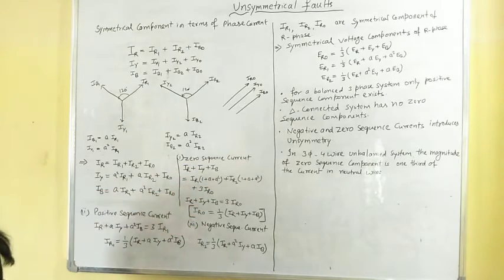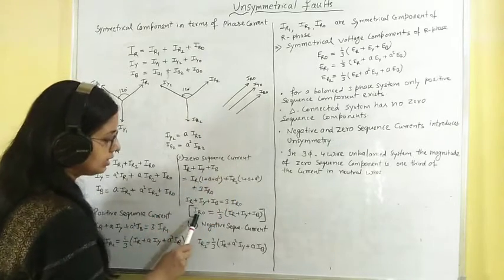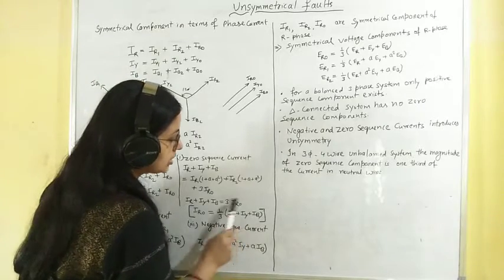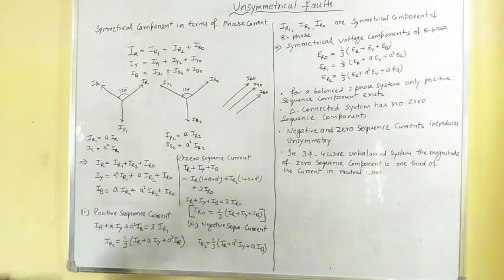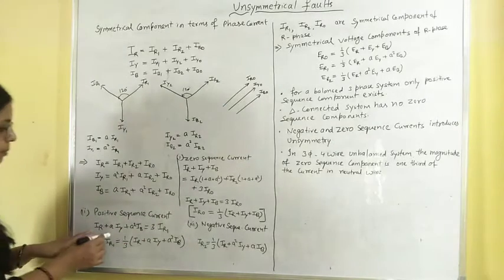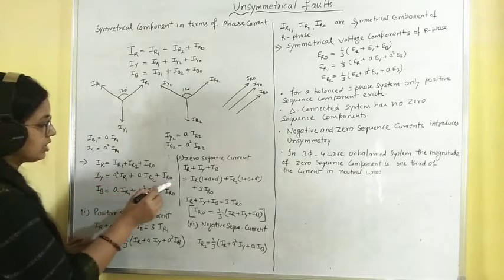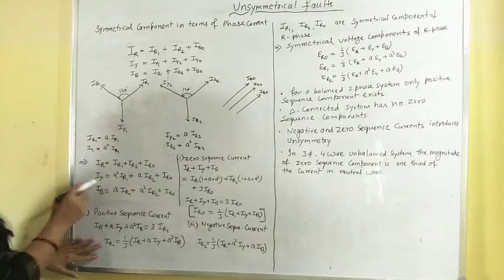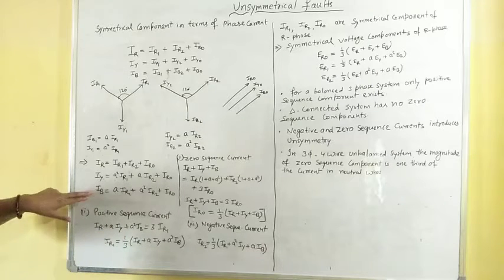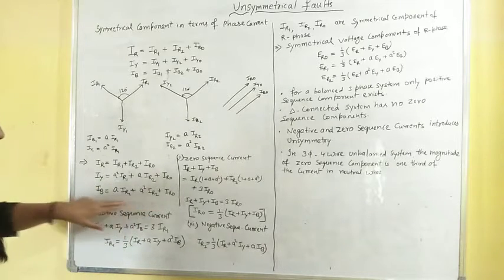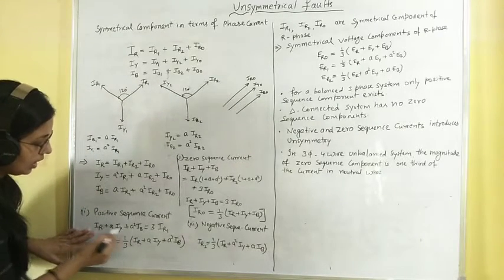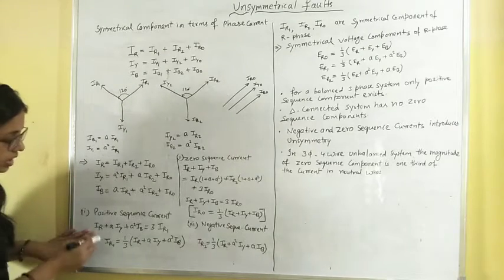From this equation we can calculate the zero sequence current IR0 as 1 by 3 times the summation of the three line currents. Then what is the positive sequence current? We multiply the equation for IY by the multiplication factor A and the third equation by A square, we get this equation, and then add all three equations.